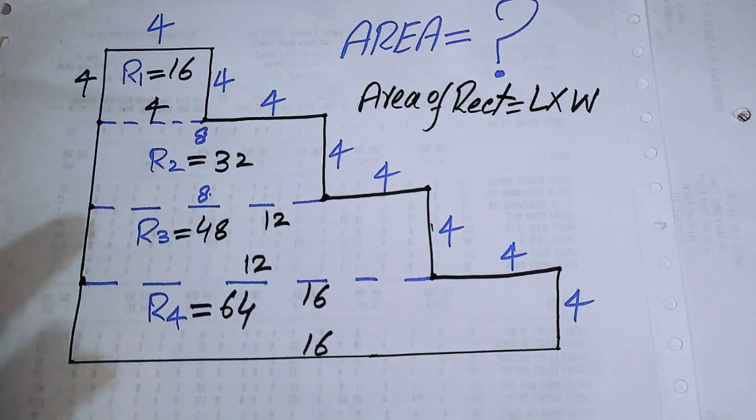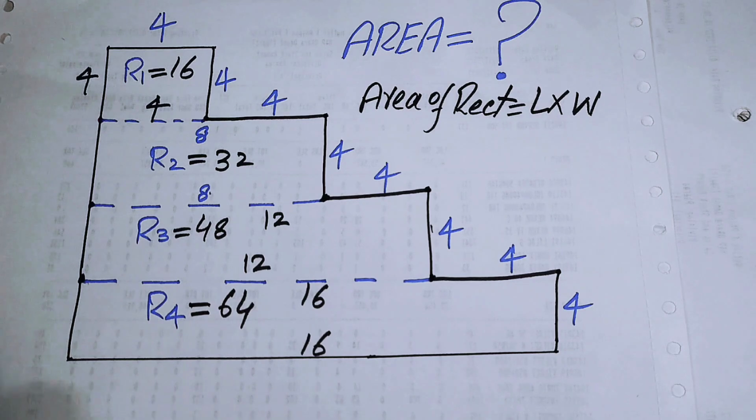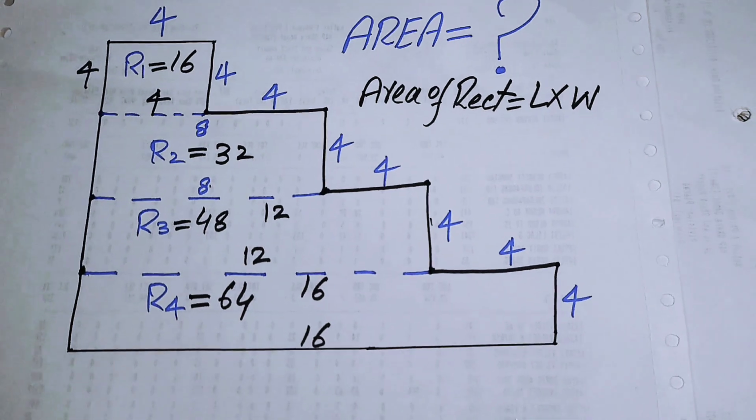Now we have found the area of all these small regions R1, R2, R3 and R4. Now we add all these four areas and we get the area of this total shape or total region.